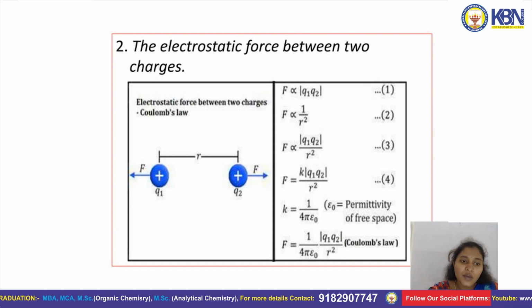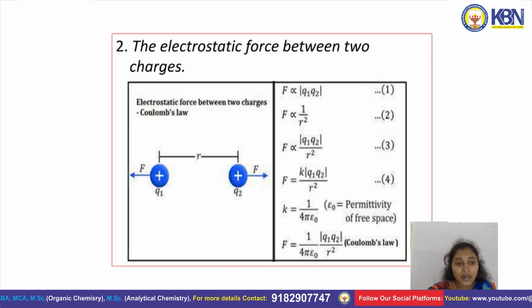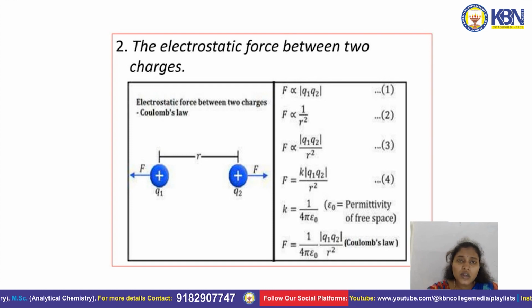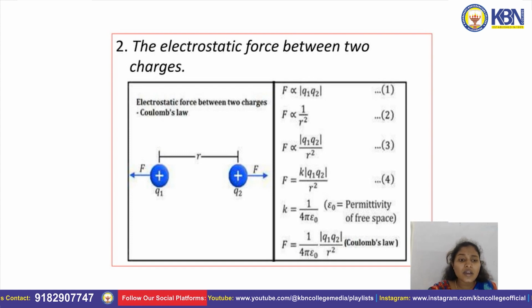By combining equations 1 and 2 we will get F is directly proportional to q1 q2 by r square. So in order to remove the proportionality we have to introduce a constant, that constant is nothing but k. So F equal to k into q1 q2 by r square. K equal to 1 by 4 pi epsilon naught. Here epsilon naught is nothing but the space constant.